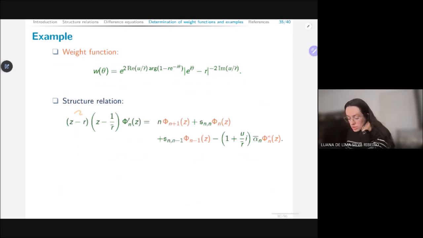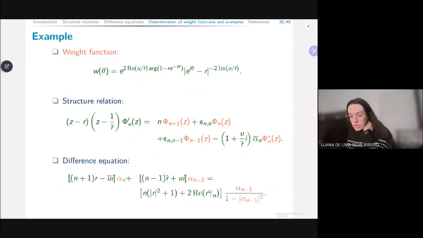For this function, the recurrence relation can be written in terms of four terms: polynomials of degree n minus 1, of degree n minus 1, and the reverse polynomial. And the difference equation for the Verblunsky coefficients becomes this formula. Alpha n here depends just on n and the parameters of the wave function. Here R2 depends just on n and the two parameters of the wave function. Here it also depends on the coefficient gamma, and here the Verblunsky coefficient alpha n minus 1.